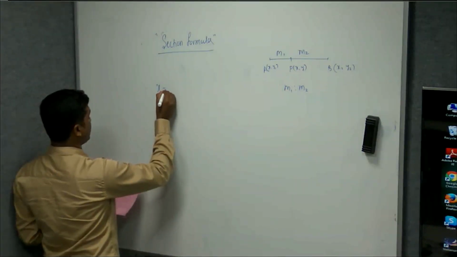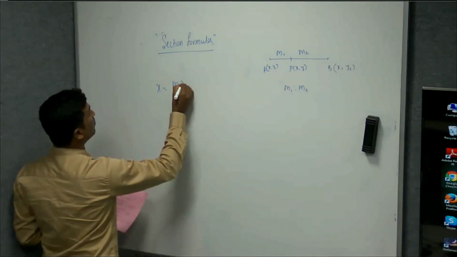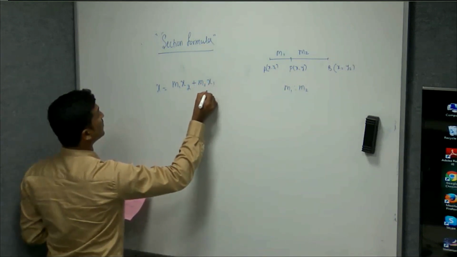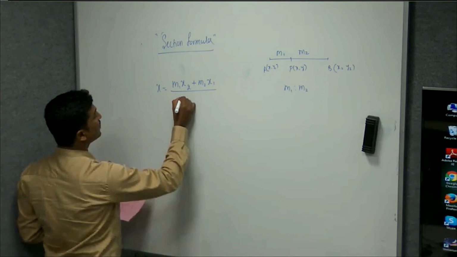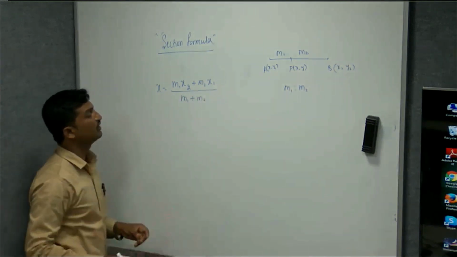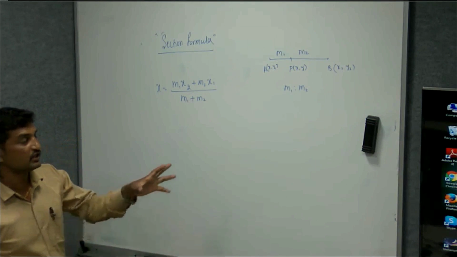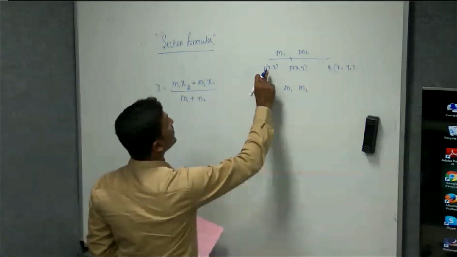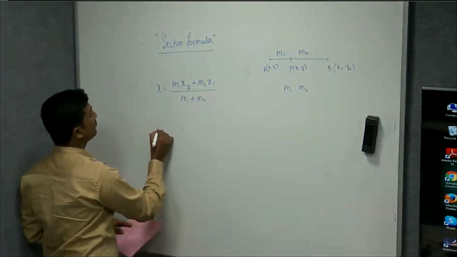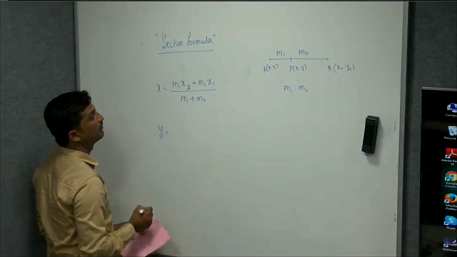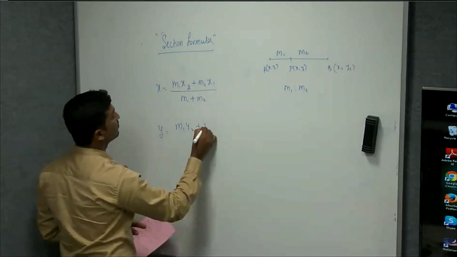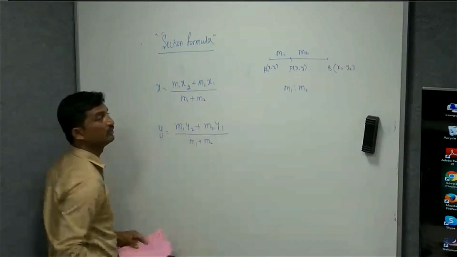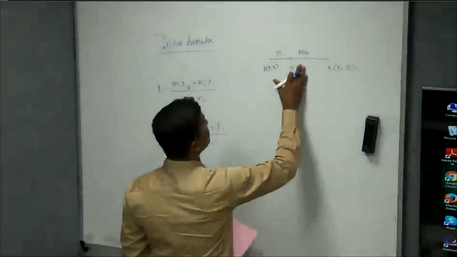It is given that x is equal to m1 x2 plus m2 x1 divided by m1 plus m2, where m1, m2 are the ratio in which this point divides the line, and x1, x2 are the x coordinates of point A and point B. In the same way, to calculate the coordinate y, y is m1 y2 plus m2 y1 divided by m1 plus m2.